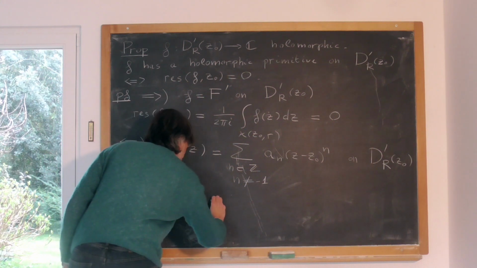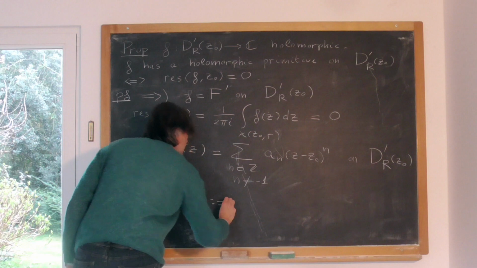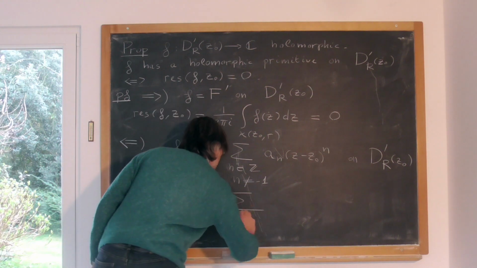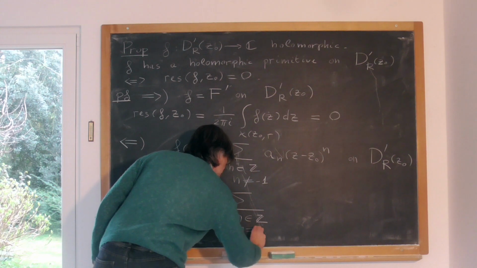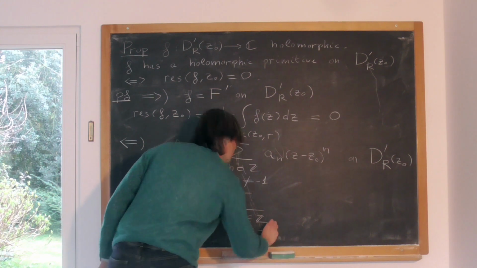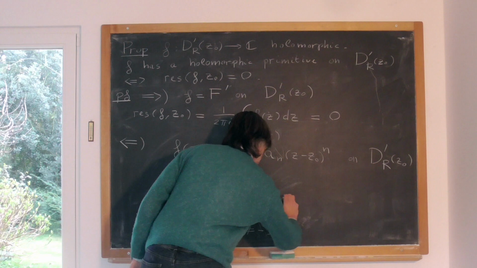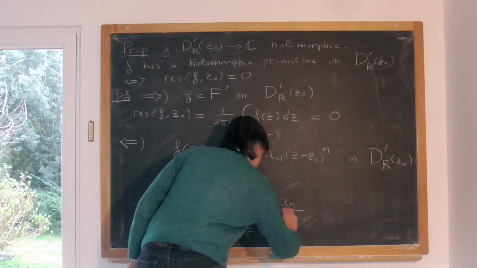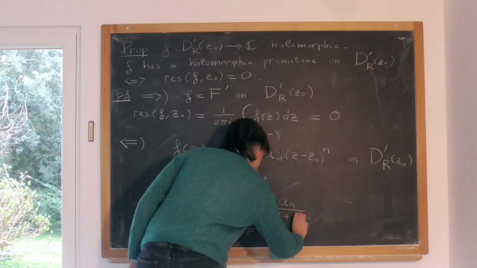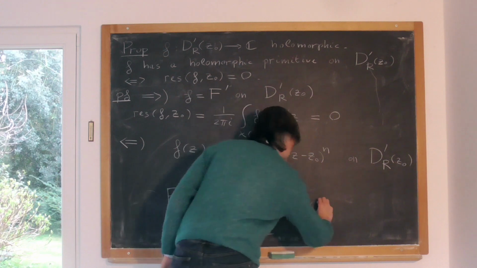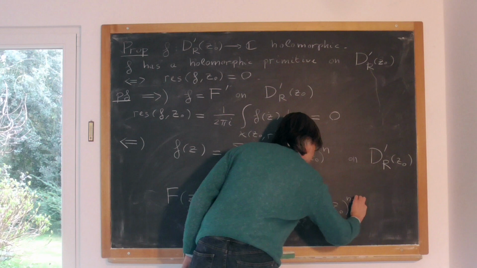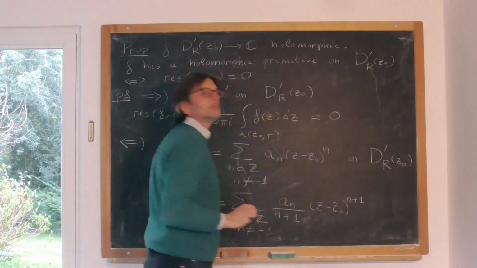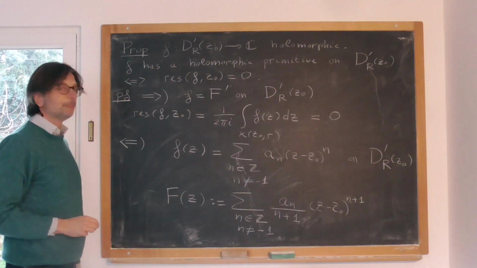We define big F to be the sum over n different from minus 1 of a n divided by n plus 1 times z minus z naught to the power n plus 1. Okay?